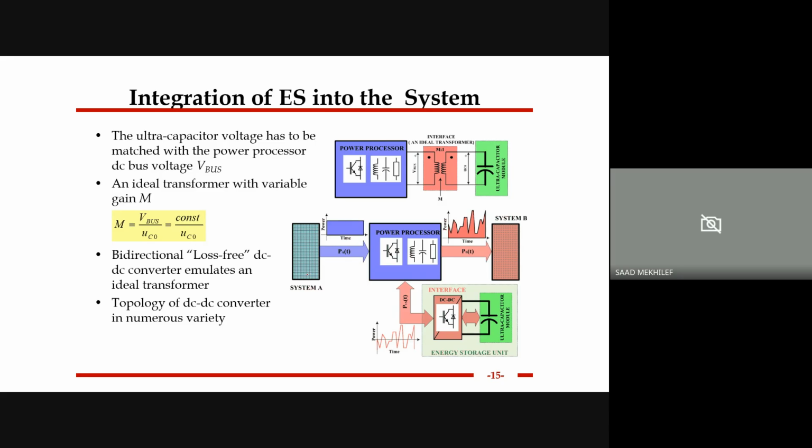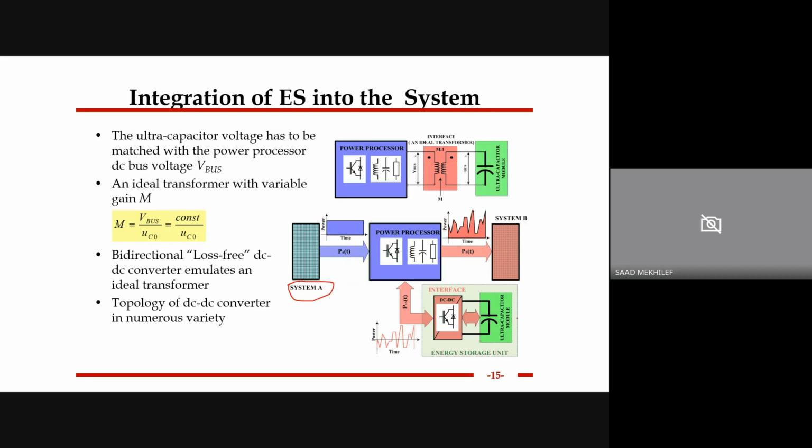If we assume that system A is a diesel generator, can you imagine making the diesel generator match the load? It's very, very hard. If it keeps going up, down, up, that's not really possible or practical.